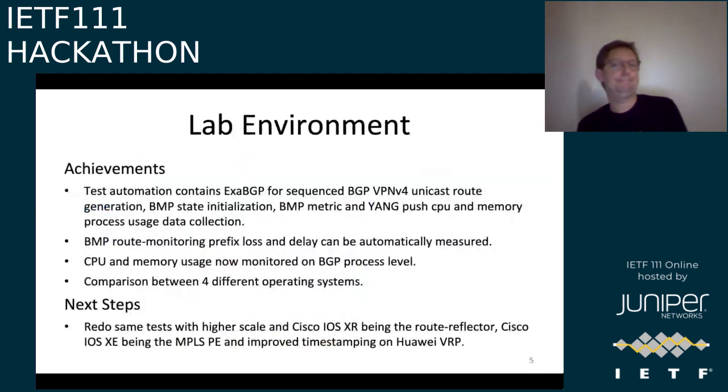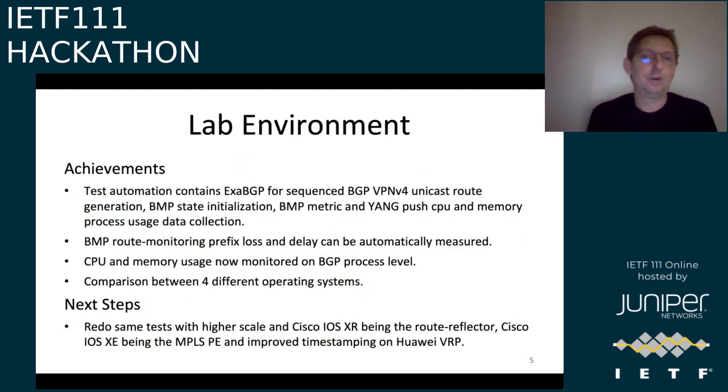Next slide, please. So what we achieved this time is that the automation continued. We continued to improve the test bed, now including also different scenarios where we have a stable BGP environment versus initiating the peerings again, so we can compare what the difference is between the two.